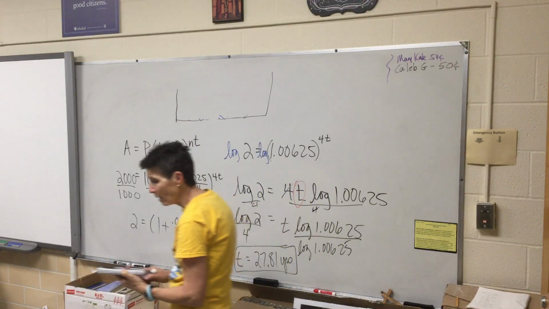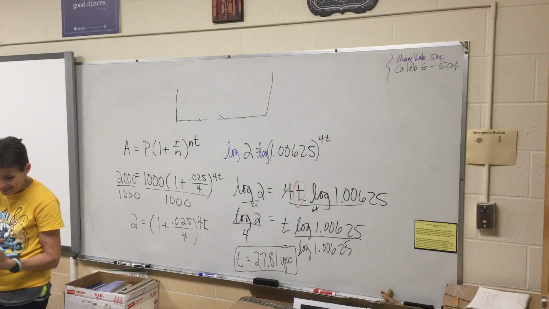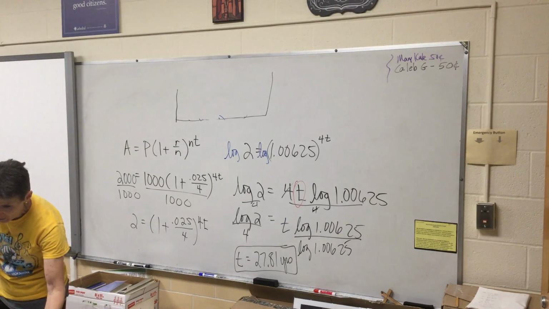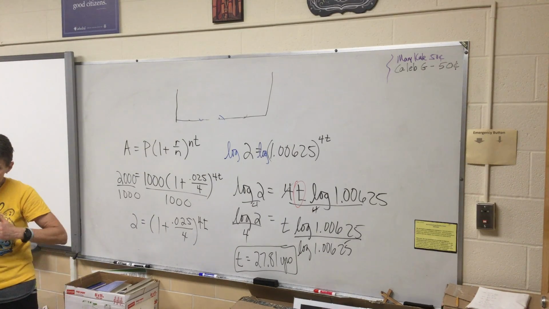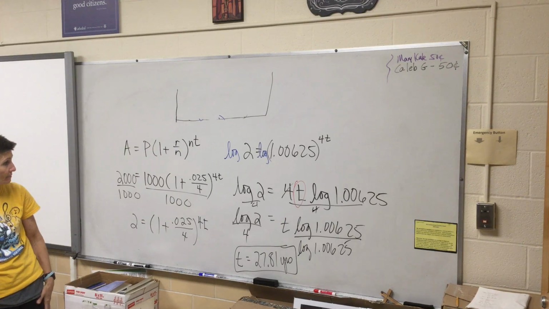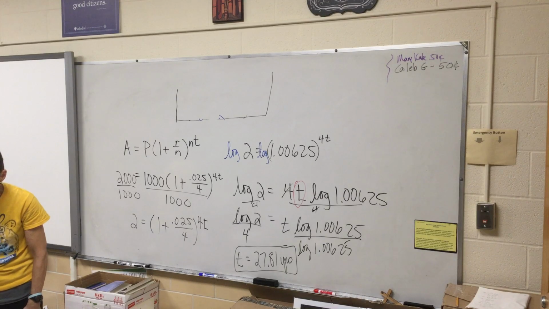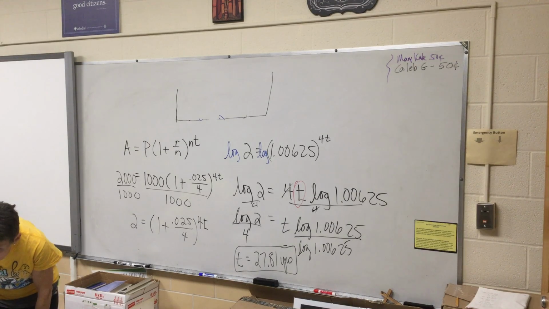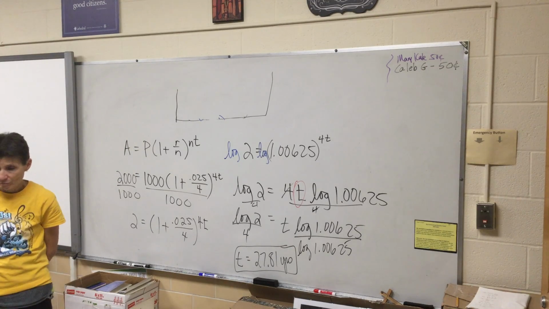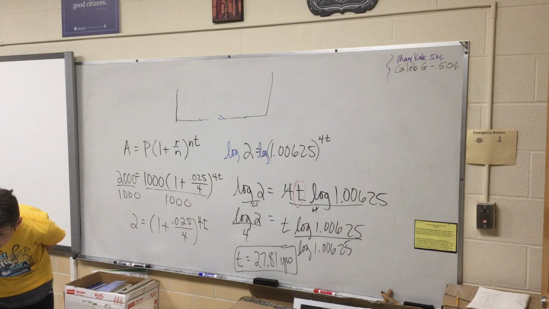It's going to take 27.81 years for you to double your money at a 2.5% interest rate, compounded quarterly. You get it?